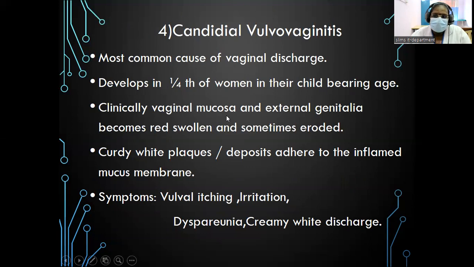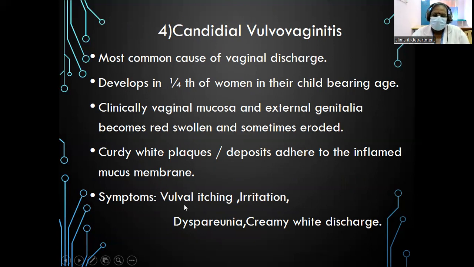Candidial vulvovaginitis is one of the manifestations of cutaneous candidiasis. Most common cause for vaginal discharge, usually seen in one fourth of women in the childbearing age, an abnormal vaginal discharge characterized clinically by curdy white precipitate at the vulval outlet.